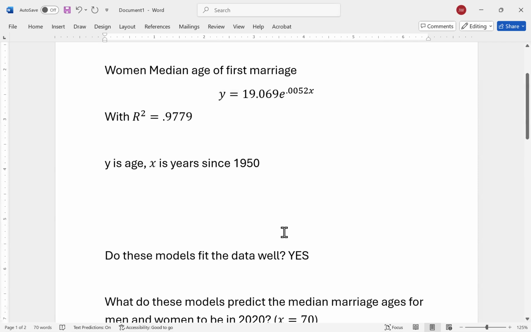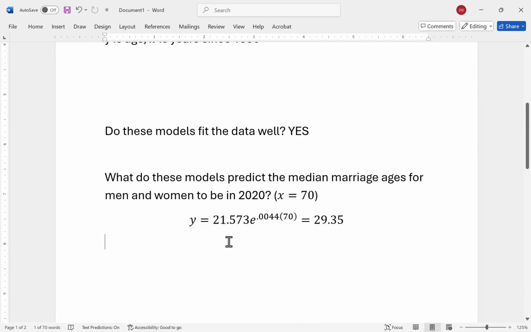For the women's, well, the women's is given by this equation. Let's highlight the entire equation. And so for the women's, we do the exact same thing, but using the other equation. And for the women's age at first marriage, we type in 19.069 times e to the 0.0052 times 70.